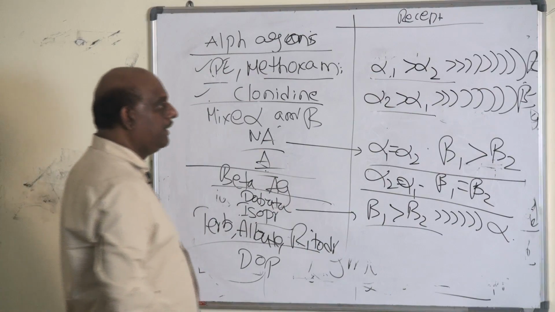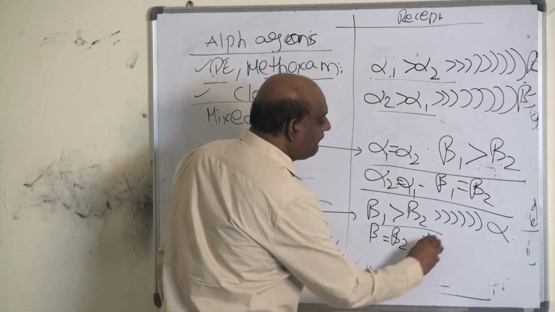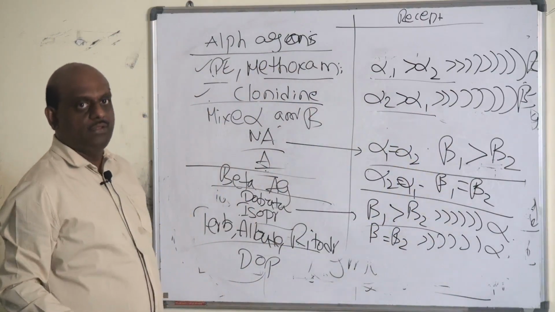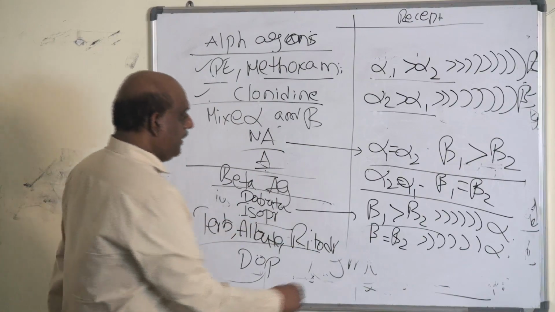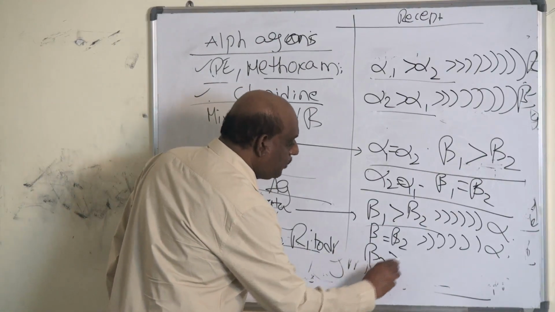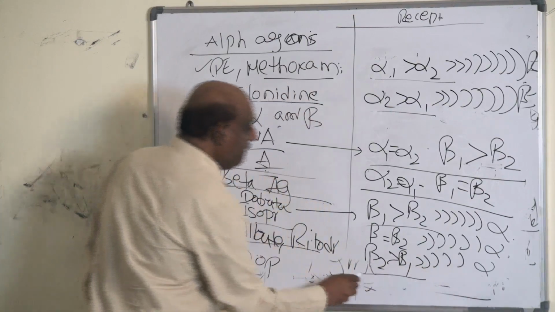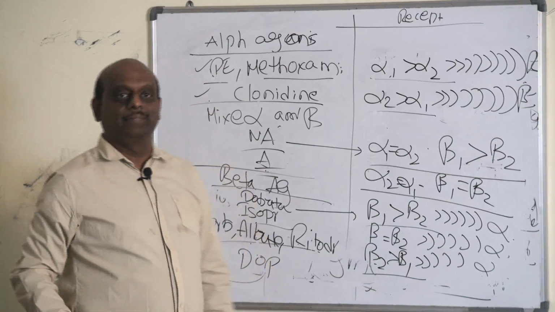Isoproterenol is beta 1 equal to beta 2, far more than alpha. Then terbutaline, albuterol and ritodrine are beta 2 more than beta 1, far more than alpha.